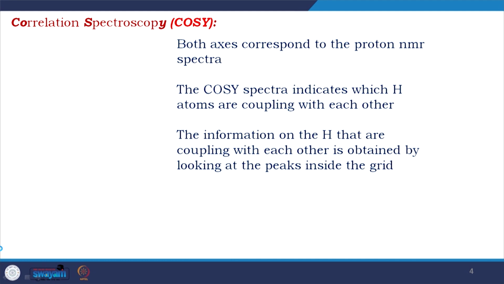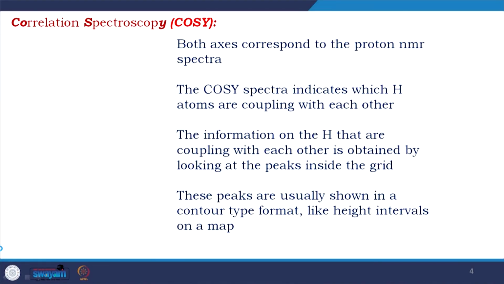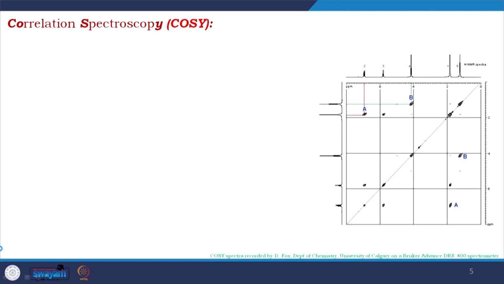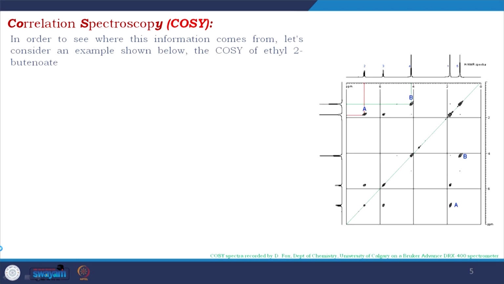As we talked about already, there will be two axes, both 1H and 1H, and then we will look at the cross peak. If we find a cross peak, we know that this hydrogen is interacting with that hydrogen. So, that is a simple process. These peaks are usually shown in a contour type format like height intervals on a map, but we will show it in a grid. So, this is a COSY plot.